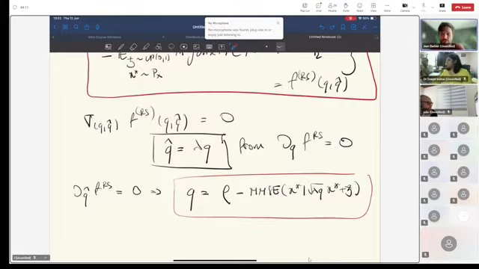And then, of course, you should be doubtful about all this. I've made many weird things, many assumptions that I could not justify, and you would be right to doubt. But I can tell you that now there are methods to prove that the final result of this method is indeed rigorously correct.